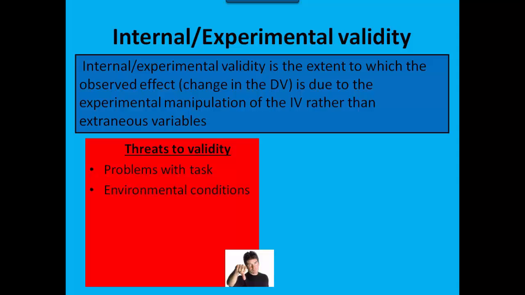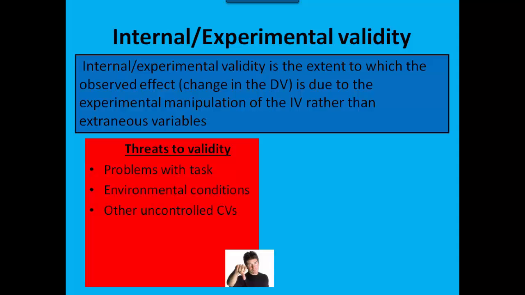The environmental conditions, if they differ between the two groups, again could cause a change in the DV. So different lighting levels in the two groups, different sound levels in the two groups, either of these could affect performance.